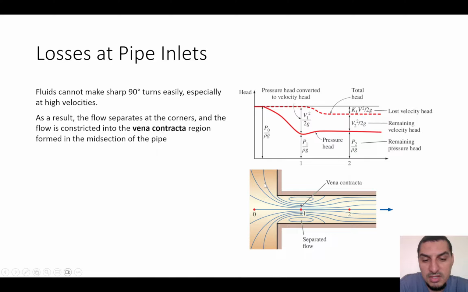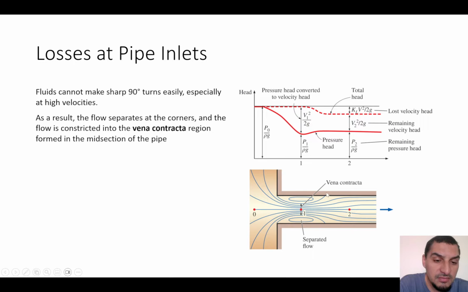So the energy of the fluid here is mainly due to the pressure. Once it goes here, the velocity starts to increase and the pressure will decrease, which is something we expect. The height is the same, so the pressure will decrease when the velocity increases, and this will keep going until the vena contracta, where the pressure will reach the minimum value and the velocity will reach the maximum value. This is the velocity and this is the pressure.